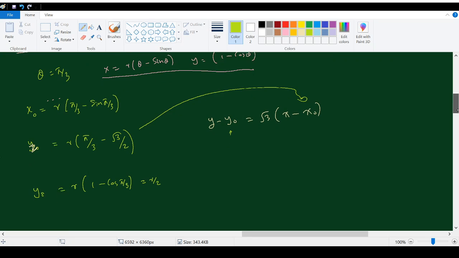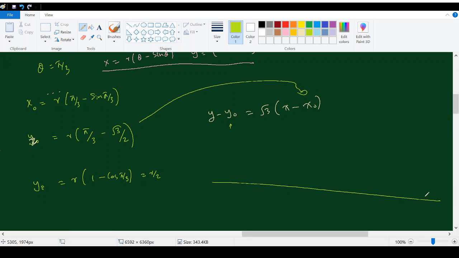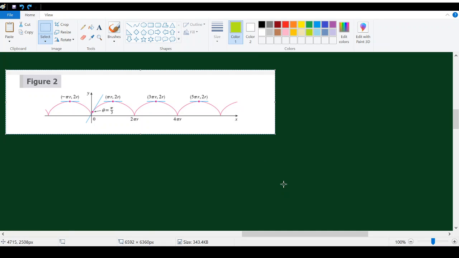Now if you actually draw this graph, you will get this figure if you plot it correctly. And see, here you will have the radius, this number given in here. So the diameter will be 2 pi r.